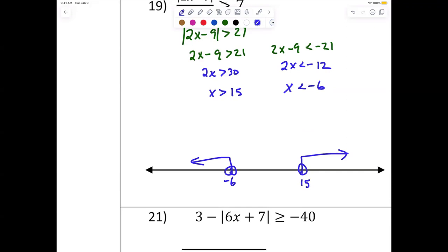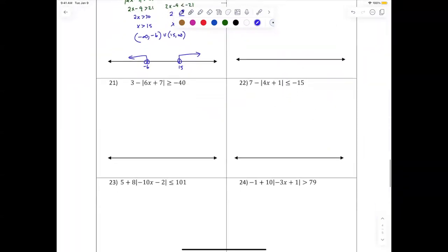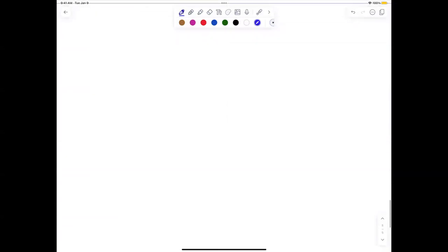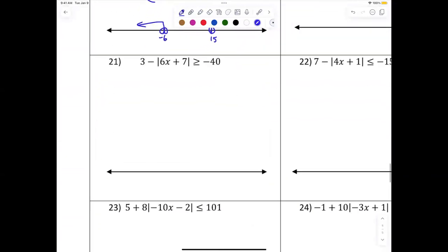So everybody should be getting the hang of this now and understanding that just means negative infinity to -6, union 15 to infinity. All right, guys, perfect. 2 more to go.